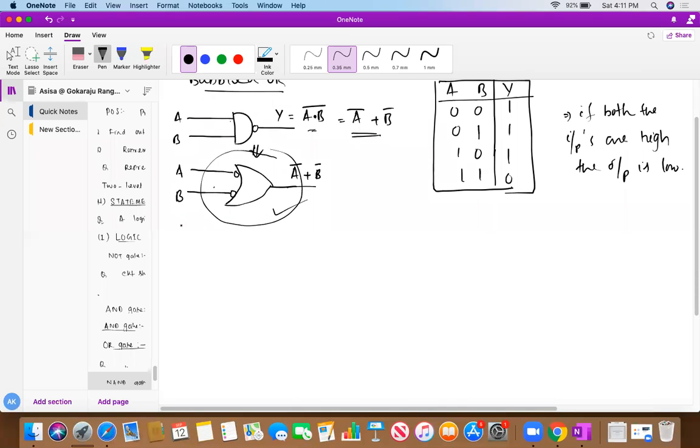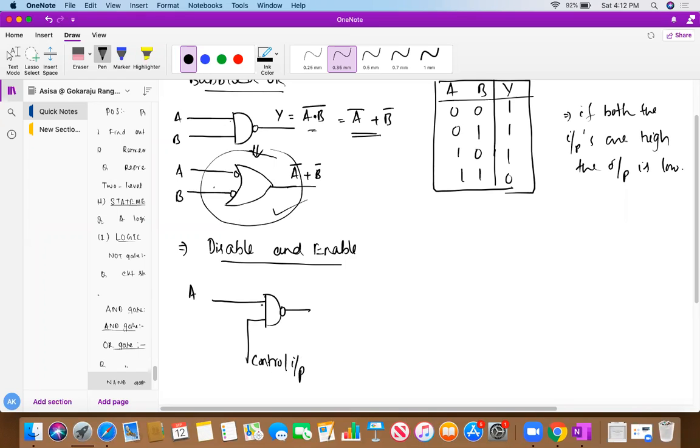Now this NAND gate can also be used in a disable and enable way. How is it? Let's say this is my NAND gate, a two-input NAND gate. One of the inputs is A, and another input is a control input, which controls whether this gate will be disabled or enabled, whether it will function or not.